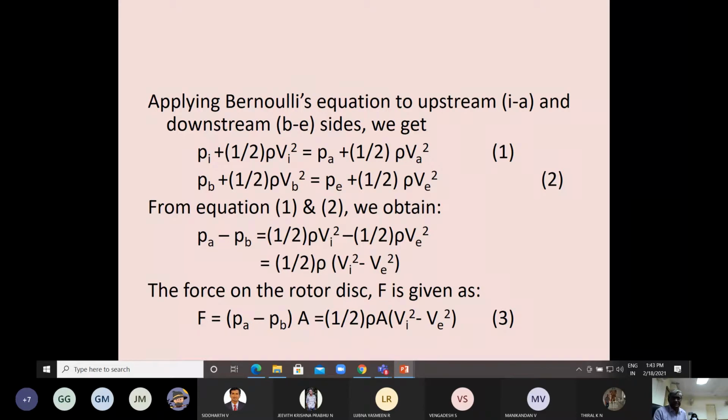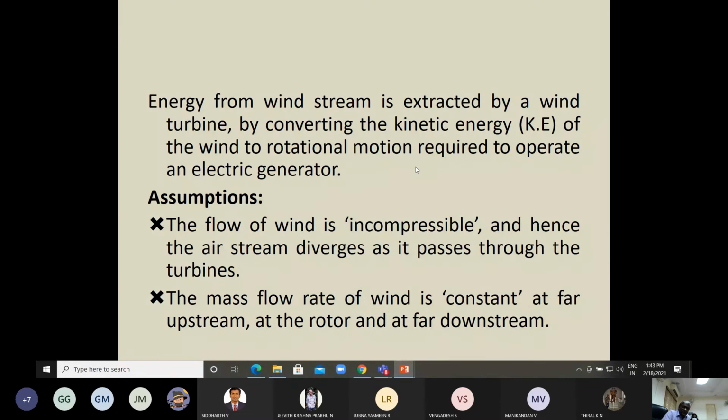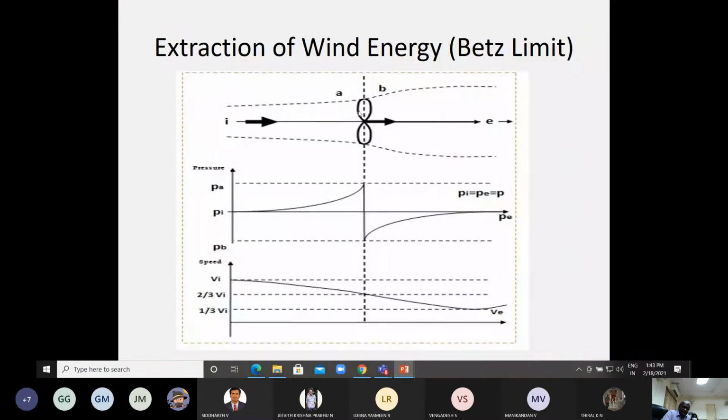This is half rho Vi squared, and this is half rho V suffix A, where A is at the rotor, and the velocity there is 2/3 of Vi.